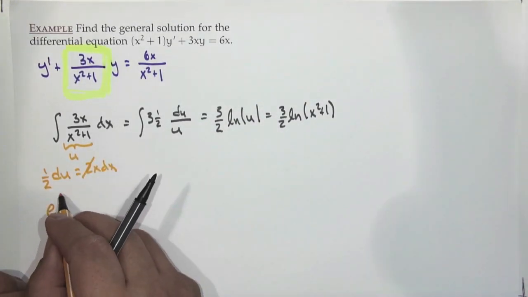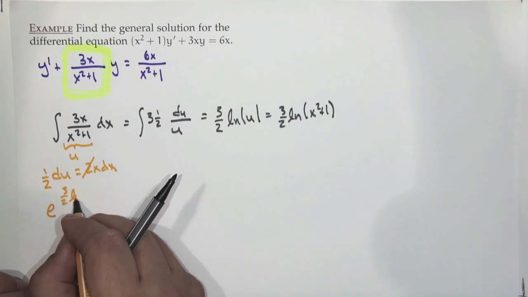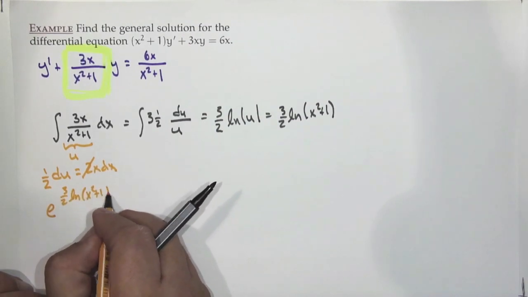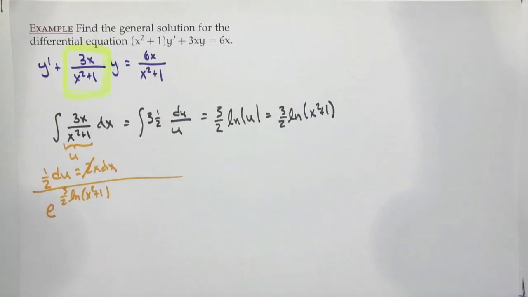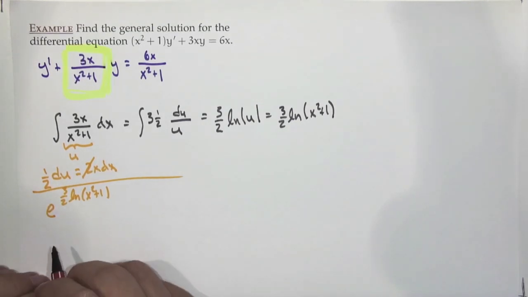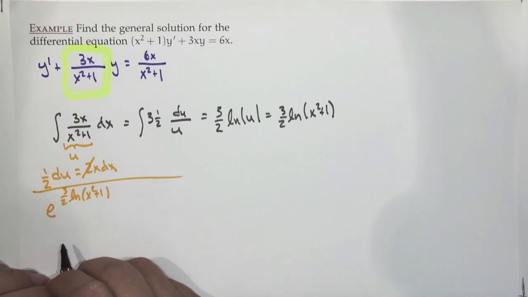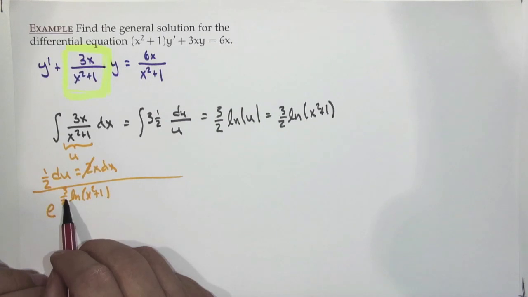So we want to multiply both sides by e to the 3 halves log of x squared plus 1. So this part is our rho of x. But we want to try to rewrite that in a nicer way. Is there a cleaner way to write this? x squared plus 1 to the 3 halves.